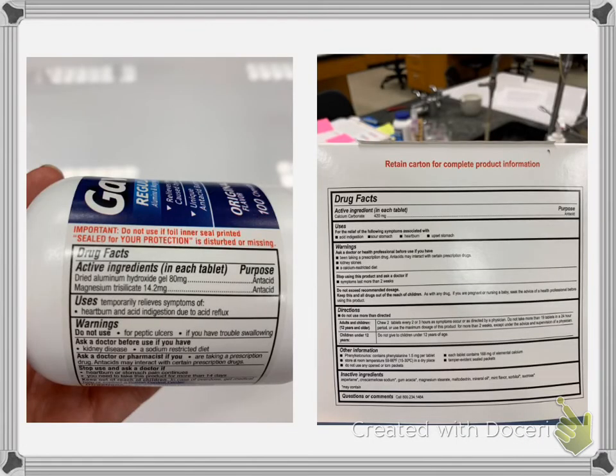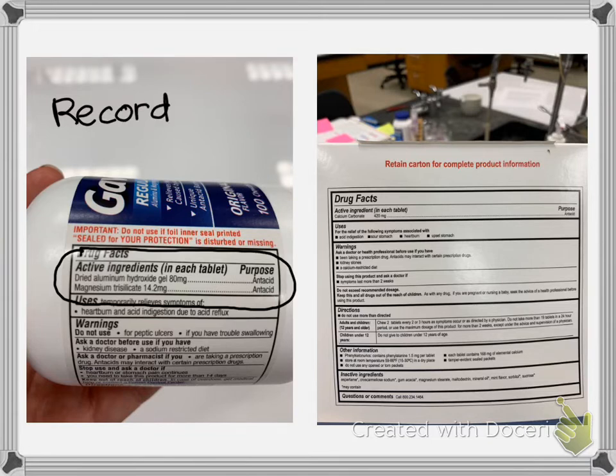And the active ingredients were by tablet, so I did 1 tablet of each. The Gaviscon were much larger tablets. I don't think that will come across in the picture. And so they want you to record the active ingredients. So they want to know how many, what it is, and how much. In your data page, it has a spot for 3.